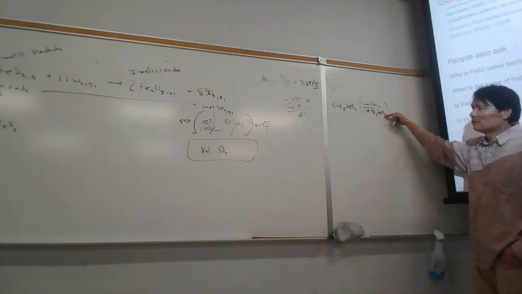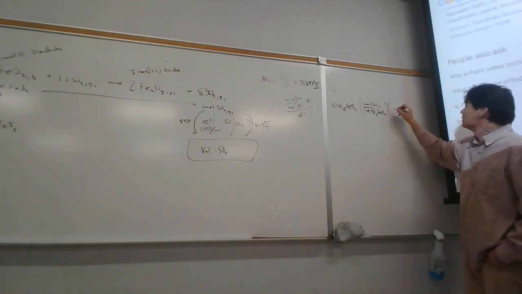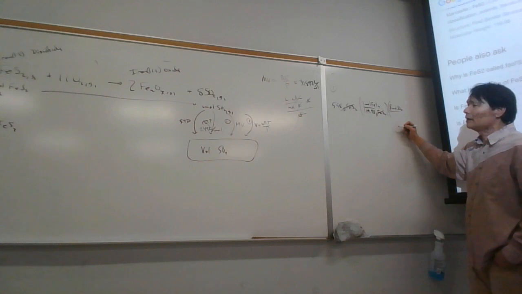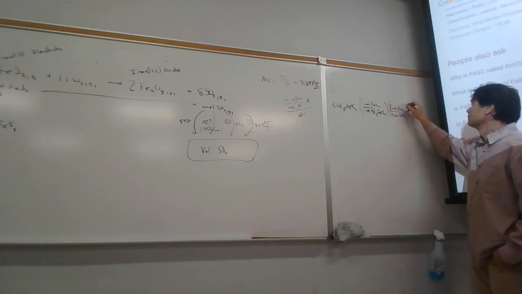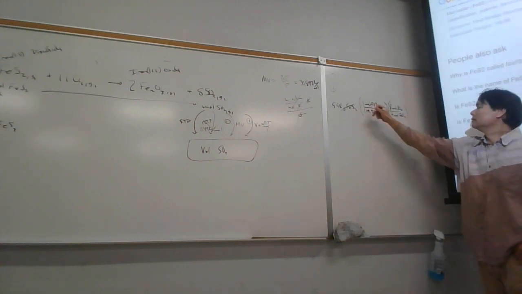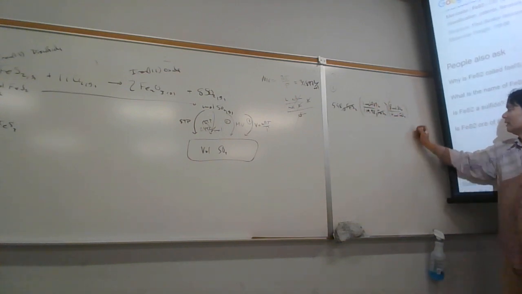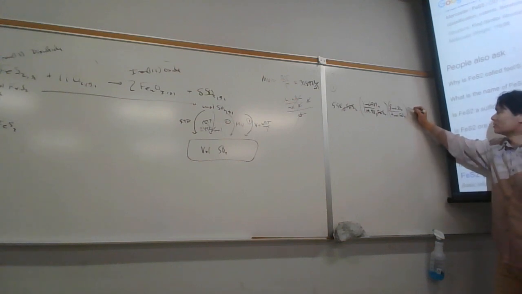And then we're going to convert it to moles of SO2. So there's 8 moles of SO2 for every 4 moles of FeS2. So that cancels out moles of FeS2, and then we have moles of SO2.